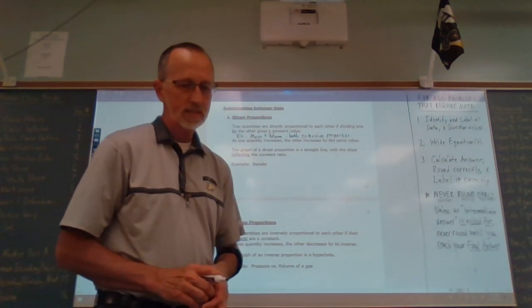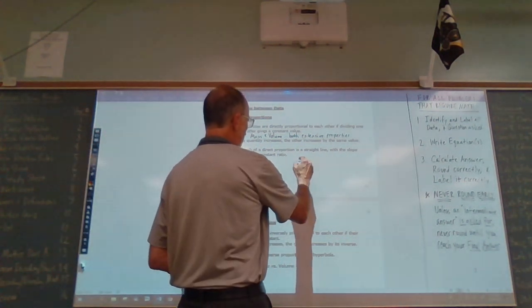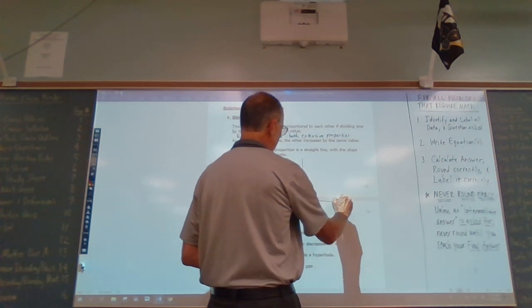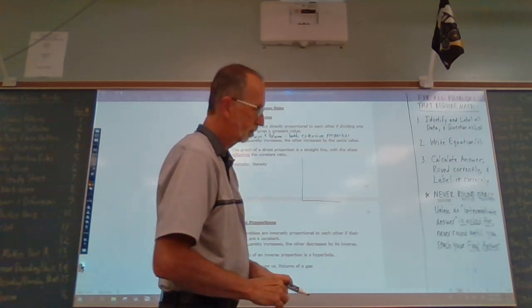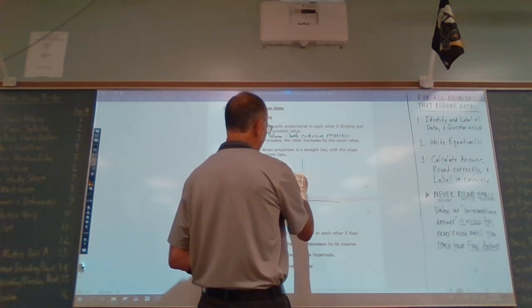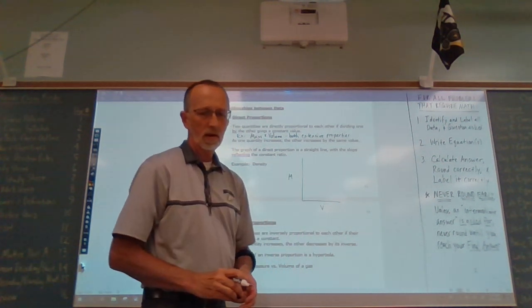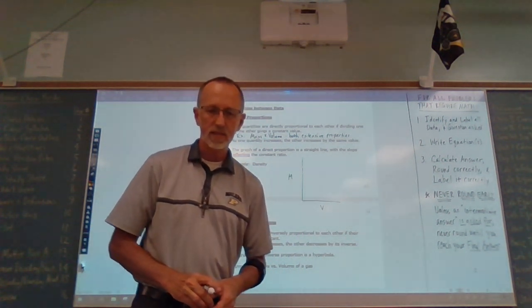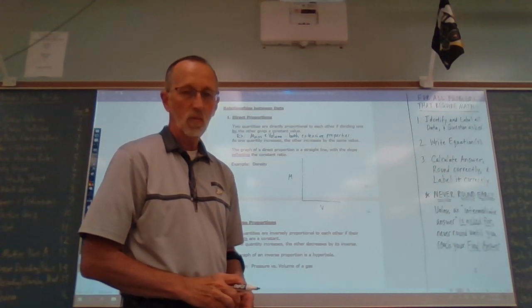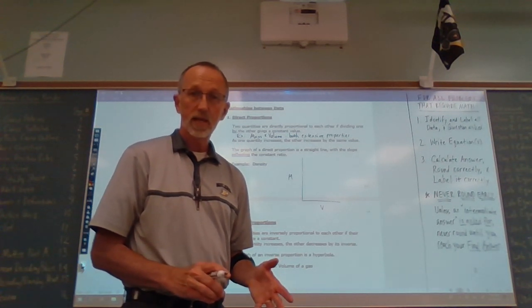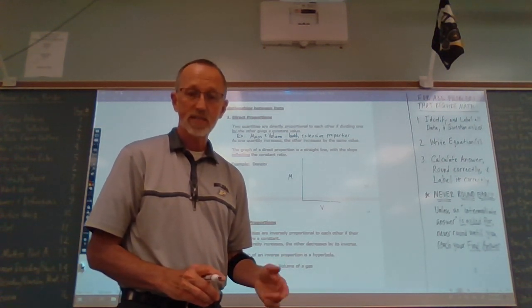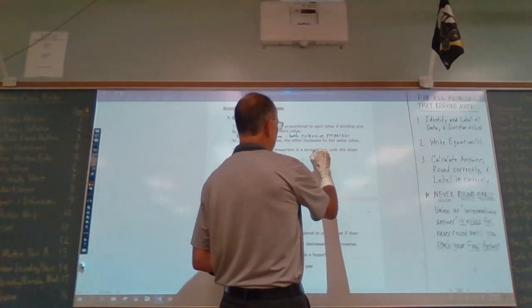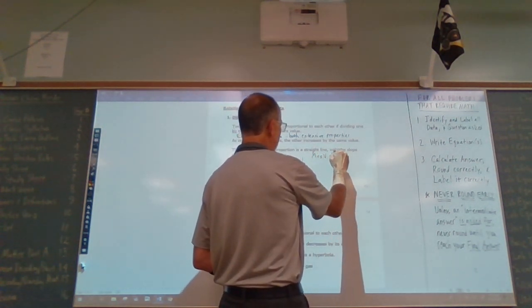So let's look at density. Draw a little graph out here. You hopefully remember this. If we graph mass versus volume, mass on the y-axis, V on the x-axis, we're going to get the slope that equates to density. So m versus v is density.